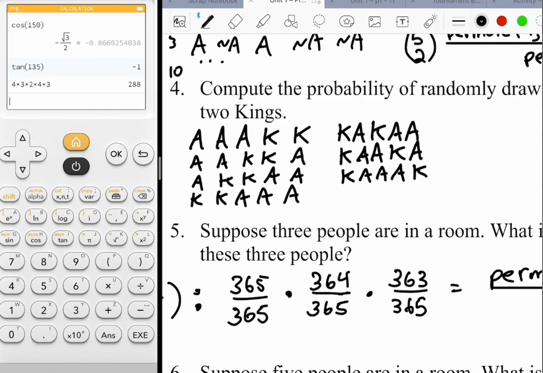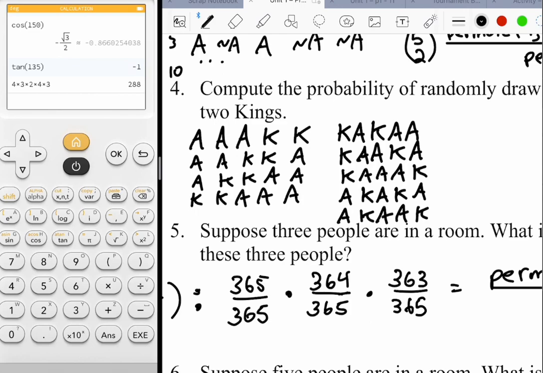But then you have to think about, what if they didn't occupy the first position? So you started off with an ace, then you had a king, but the 2 kings weren't adjacent to one another. So maybe there's an ace, a king, and an ace. All right. Maybe it was ace, king, ace, ace, king.